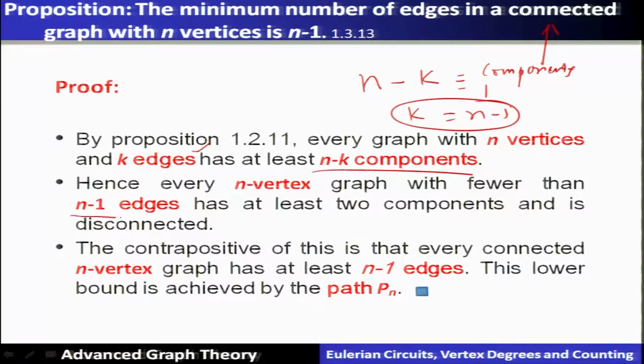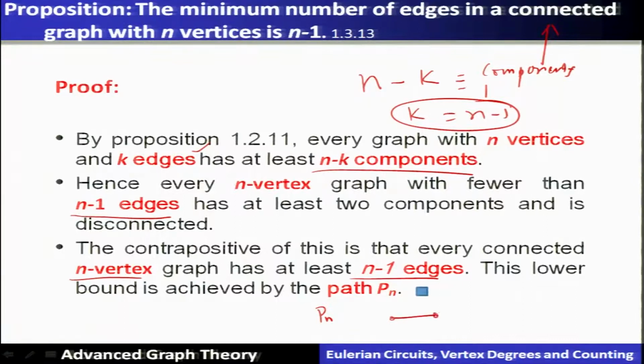So, that means a minimum of n minus 1 edges are needed to make a graph with n vertices connected, and if the number of edges goes below n minus 1, then it will be disconnected. The example of a graph having n minus 1 edges is called a path Pn.